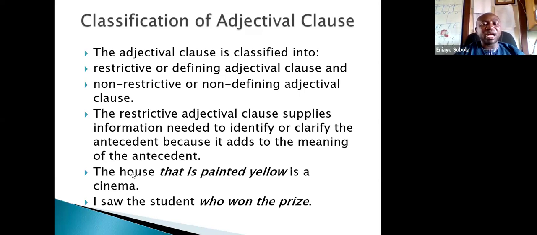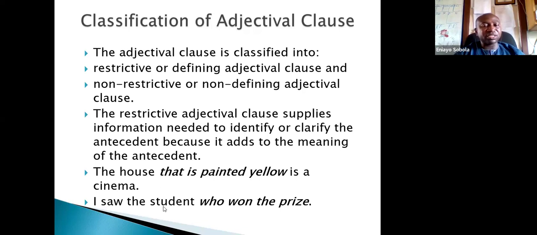For example, the house that is painted yellow is a cinema. We could have had the house is a cinema, but which house? You realize that this clause supplies a piece of information which is used to identify the house in question that is painted yellow.